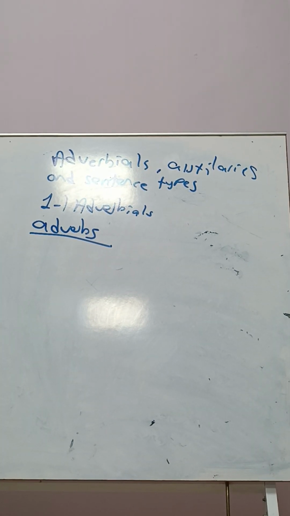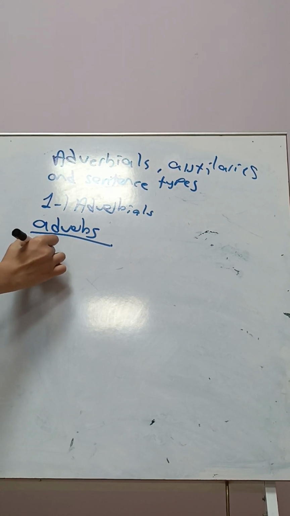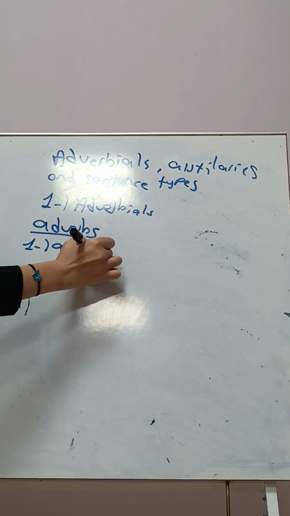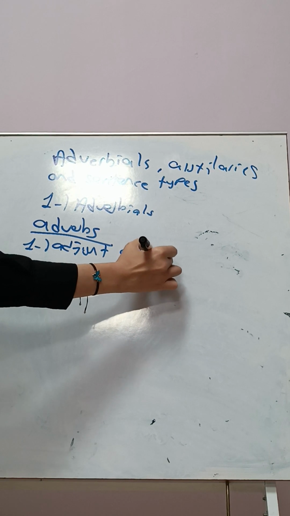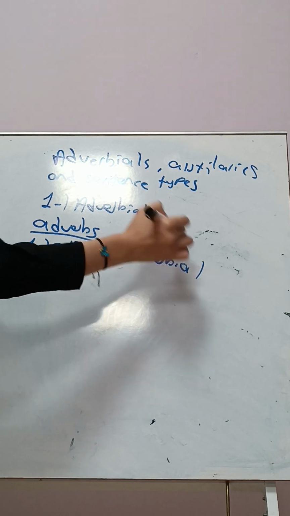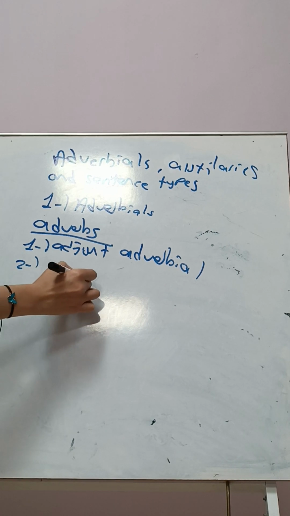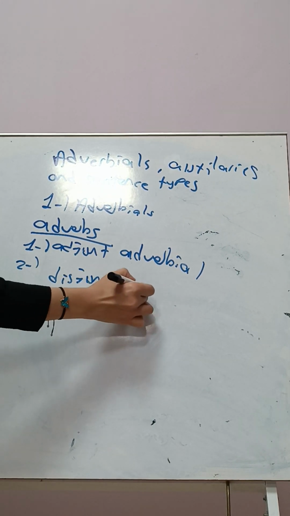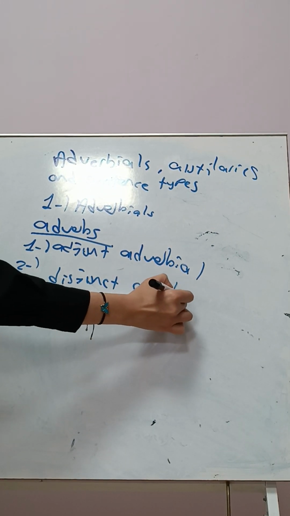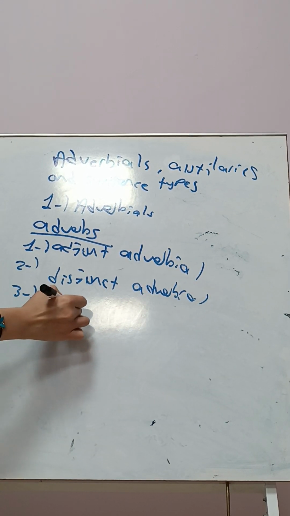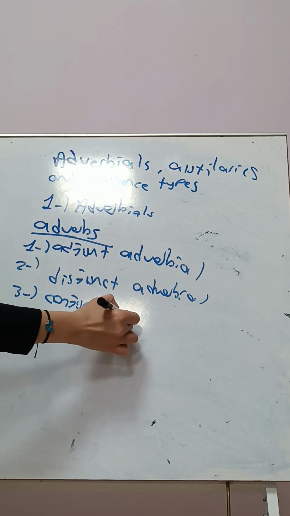Three different types of adverbial functions are distinguished. These are adjunct adverbial, disjunct adverbial, and lastly, conjunct adverbial.